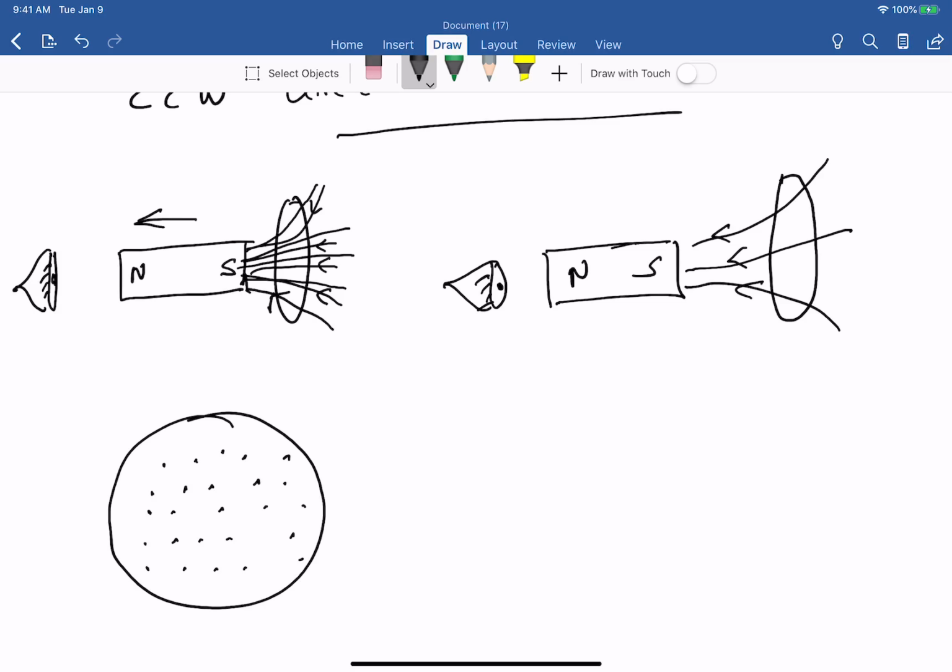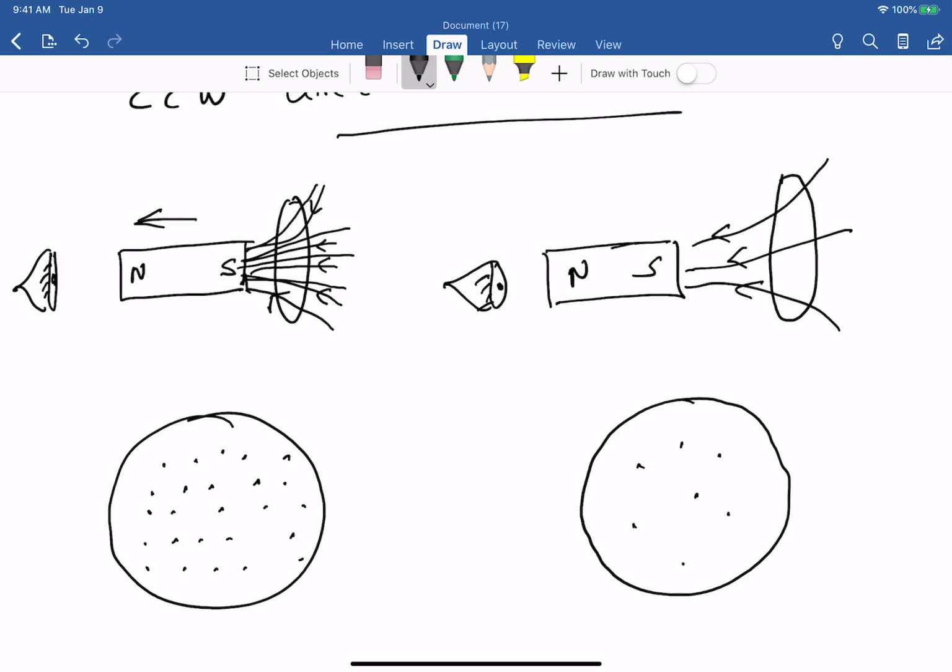Okay, and finally, once you've moved the magnet away, the magnetic field lines look like this, because the magnetic field is weaker, right? So from the perspective of the loop, what the loop is saying is that there is a magnetic flux caused by field lines coming out of the page, which is getting weaker.